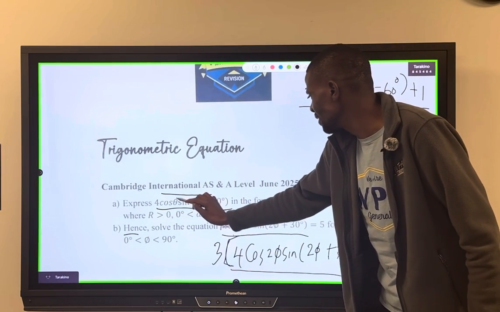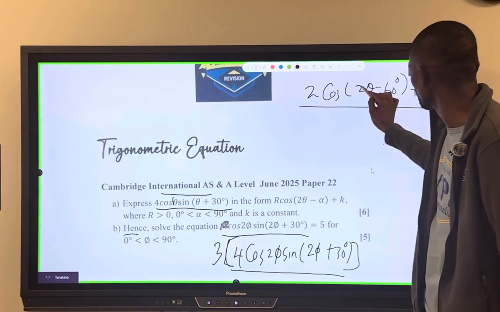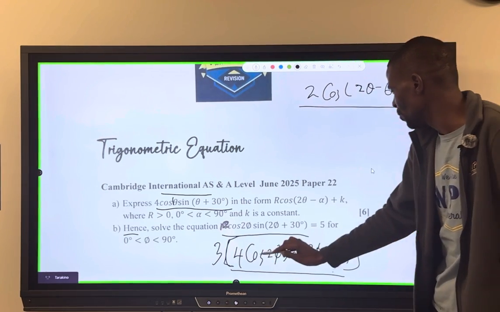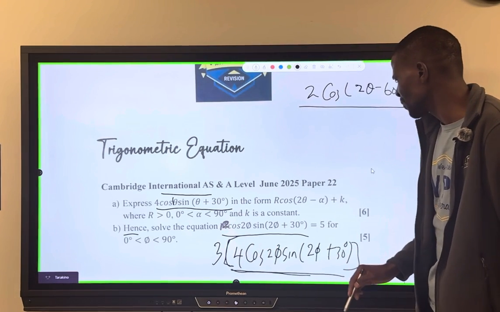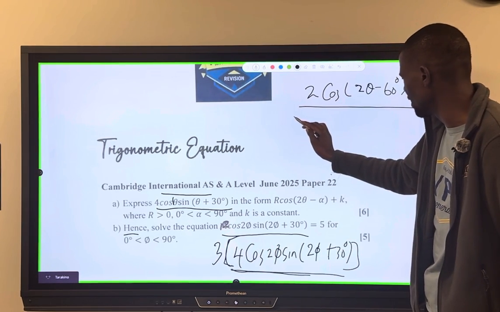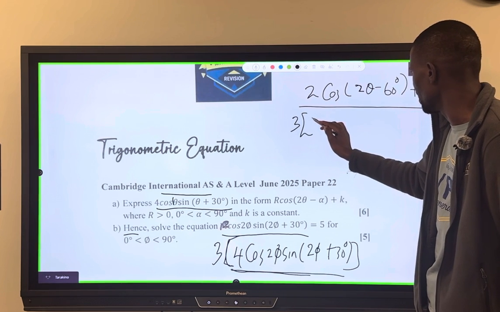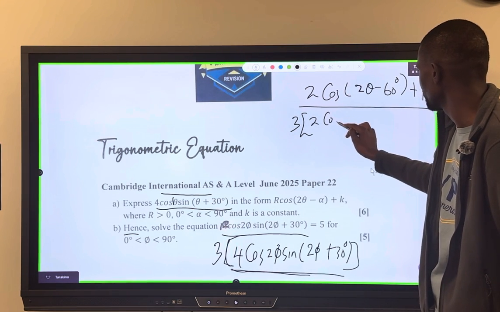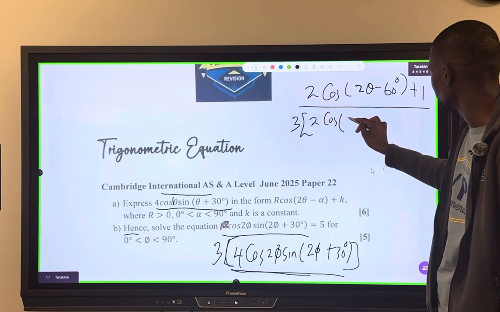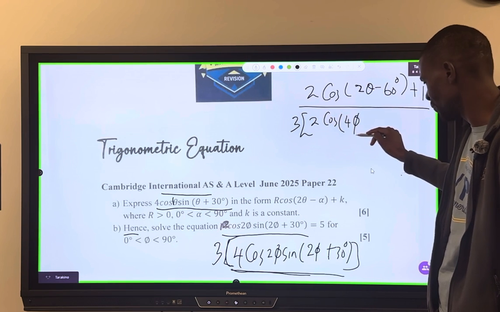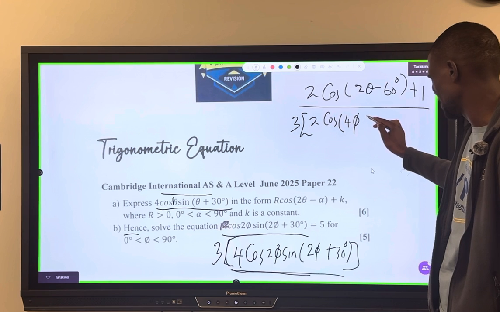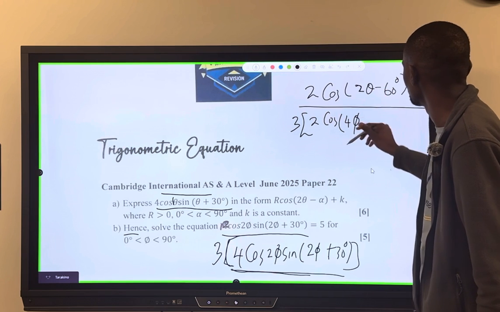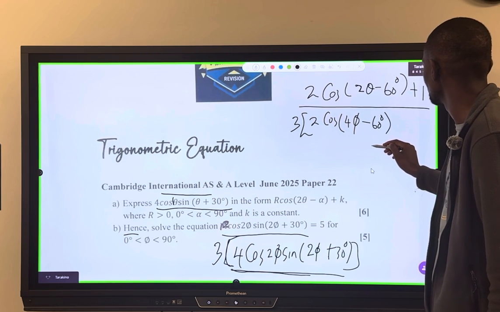So here, when we had just 1 theta, the result was 2. So now when it's 2 phi or 2 theta, it will be 2 times something. So when we try to rewrite this in that form, we are going to get something like 3, then we have, for 4 cos, because this one is just 2 cos 2 times this one, it becomes 4 phi, plus, 4 phi minus, in this case, minus 60 degrees, right?